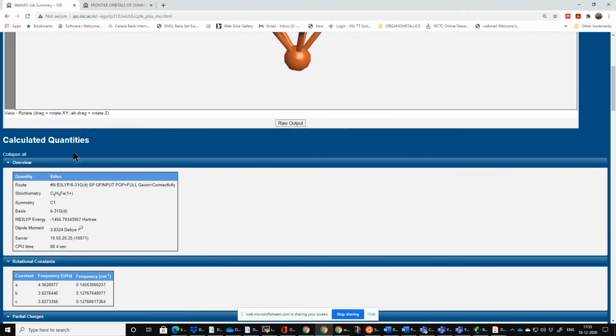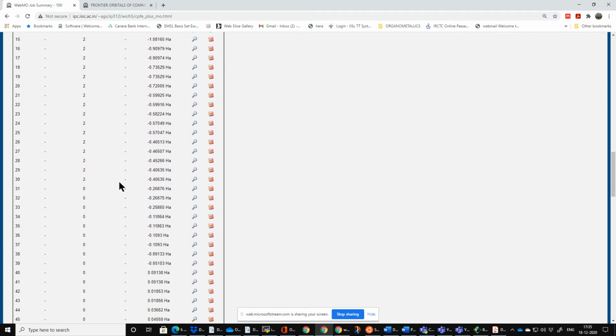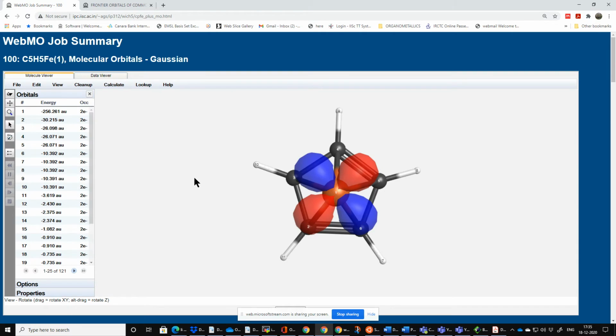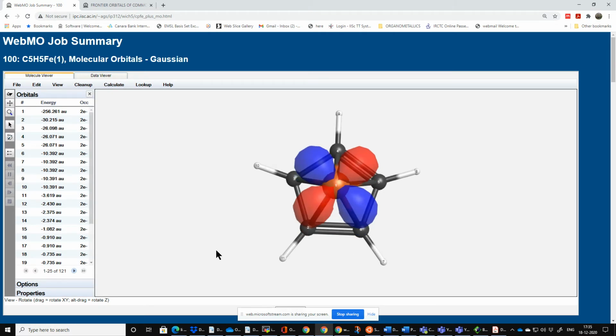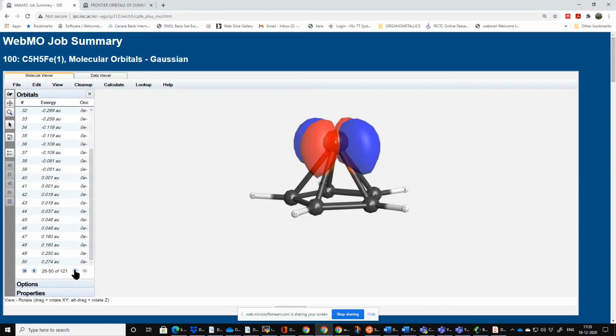Again, I can now scroll down, and you will be able to see that the highest occupied molecular orbital is now molecular orbital number 30, and I can click on that link, and on the right you see the molecular orbital, and on the left you see the panel.